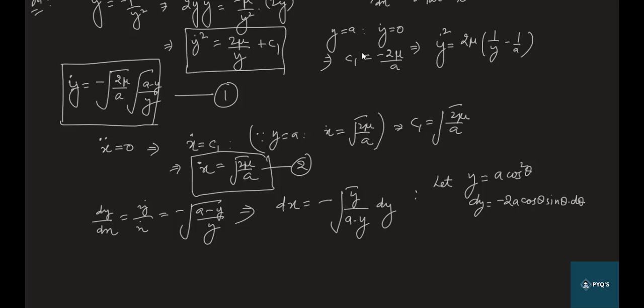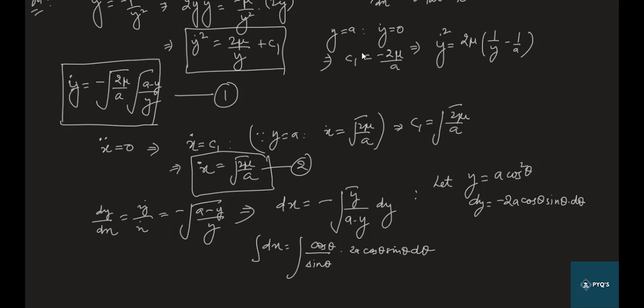So put this in this equation, I'll get dx equals integration. Here it will be a cos square theta, a will be cancelled, cos theta will be cancelled. So I'll get cos theta, and here I'll get sin square theta. That will be cos theta upon sin theta multiplied with 2a cos theta sin theta d theta.